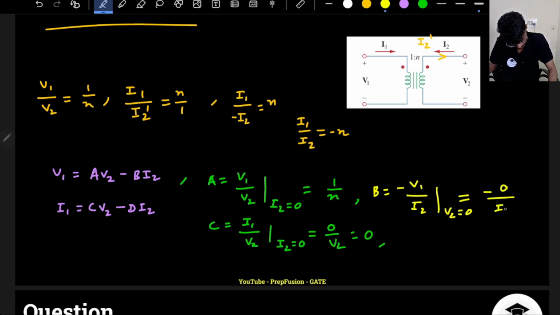So it will be 0 only. D will be minus I1 upon I2, which is simply positive n, unconditional. It does not matter if V2 is 0 or not 0, it is unconditional.